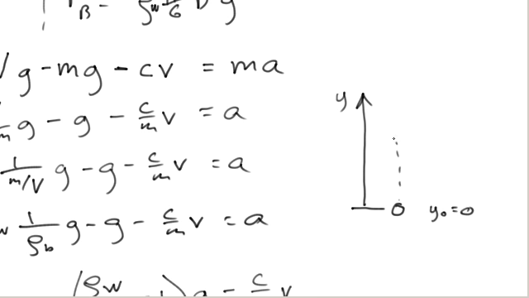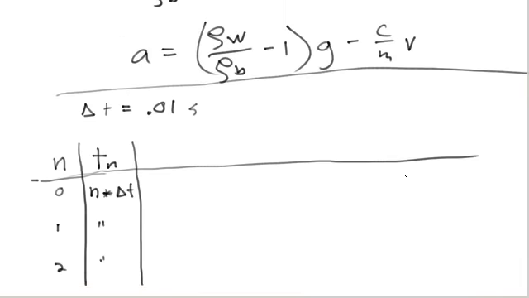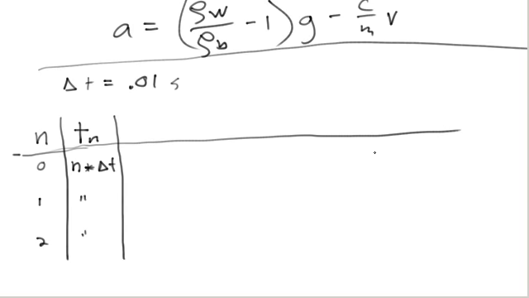And V0y, but y is the only component we got, so I'll just call the y component V0, is equal to 0. I think that's probably enough. So with that coordinate system, I go y sub n, and the 0th one is just 0.